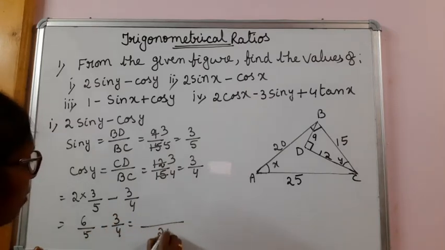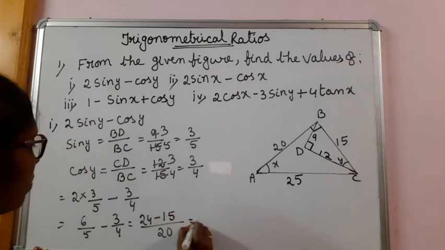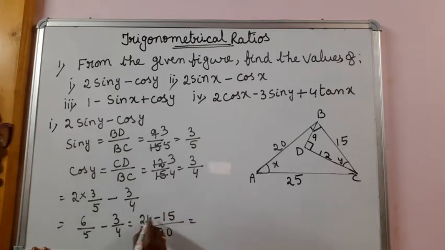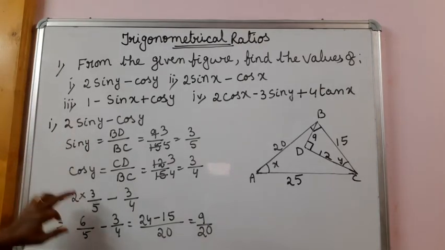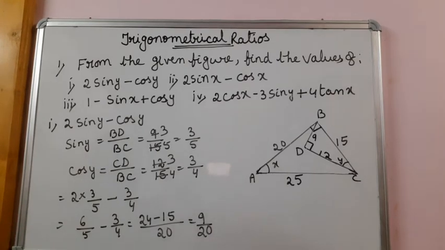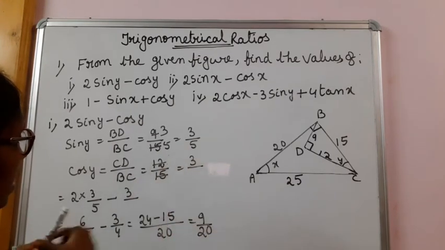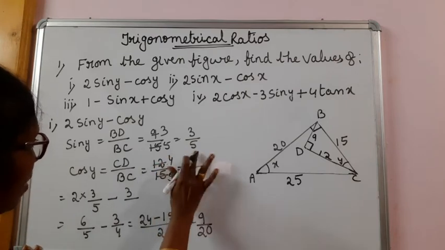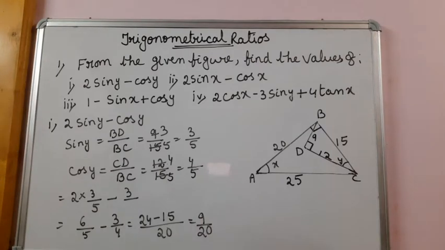If you take LCM, 5 4s are 20, 5 4s are 20, 4 6s are 24, 4 5s are 20... we get 24 minus 15 is 9 by 20. I think somewhere we have done wrong. Yes, here 3 by 5, actually this one. This is 3 4s are 12, 3 5s are 15. So we get 4 by 5. We get 4 by 5.